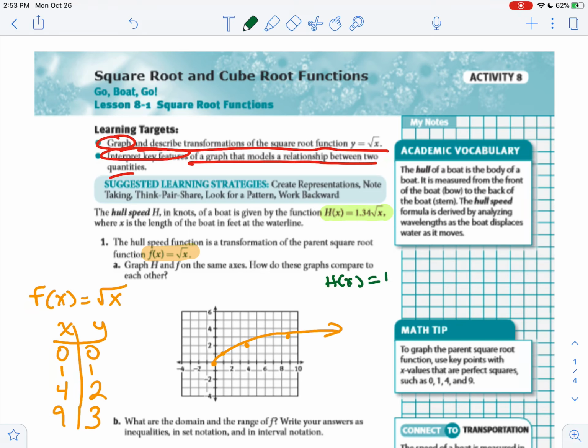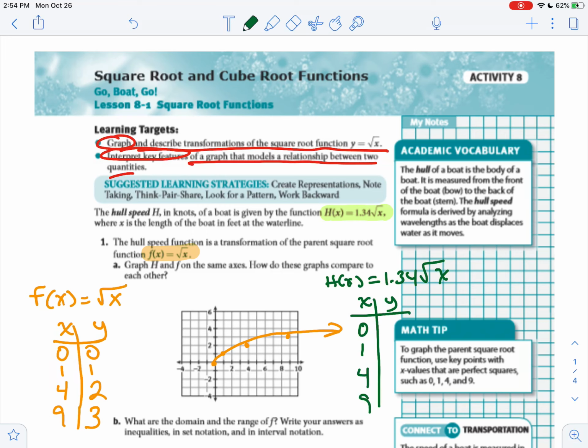Now if I were to graph the h of x function, h of x equals 1.34 times the square root of x, all I really have to do is a transformation, which is a multiplier. I just take all the y's and multiply them all by 1.34.